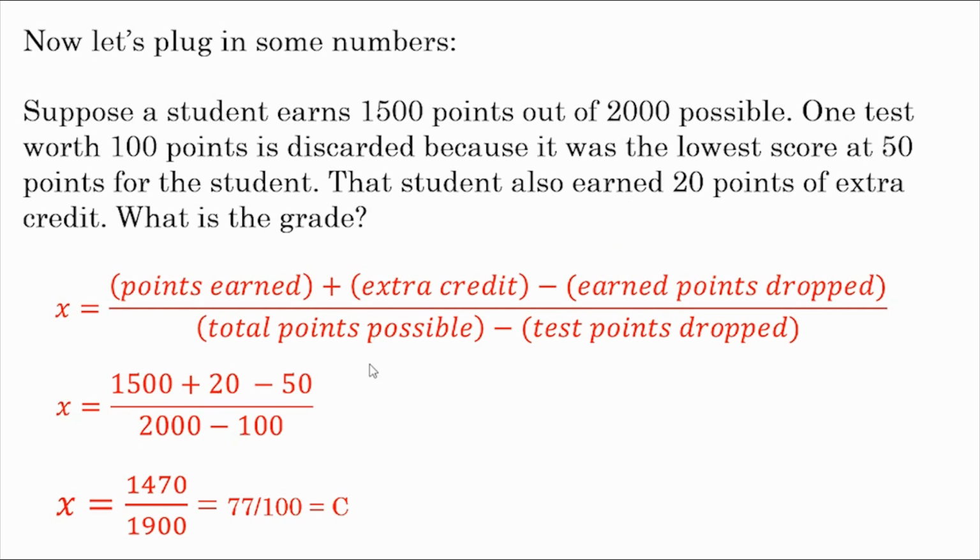The 50 points that we're throwing out from the numerator goes here, a negative. And in the denominator, we're throwing out 100 points from the possible because the student didn't attempt one of the tests. The result, 1,500 plus 20 minus 50 is 1,470, divided by 2,000 minus 100 is 1,900. 1,900 into 1,470 is 77 over 100, which is equal to a C.